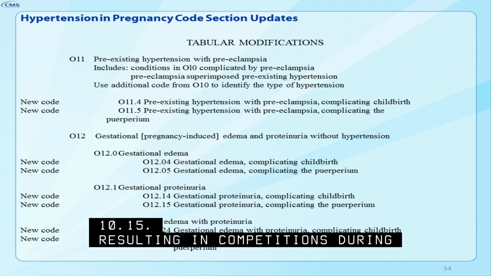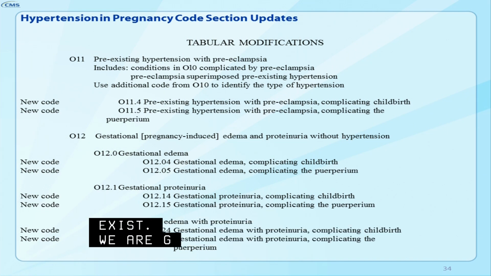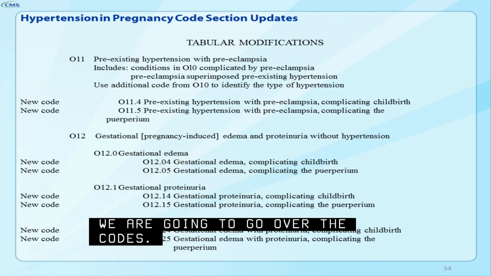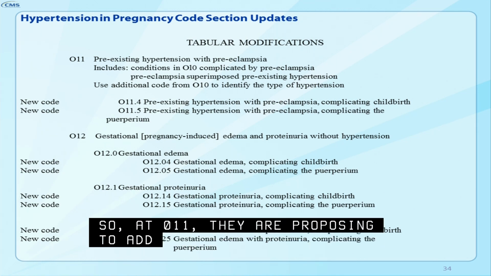And we're going to go over the codes. So at O11, they're proposing to add a code O11.4, pre-existing hypertension with preeclampsia complicating childbirth.